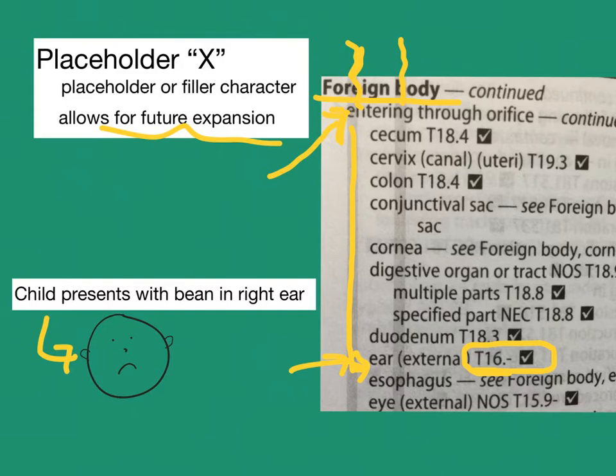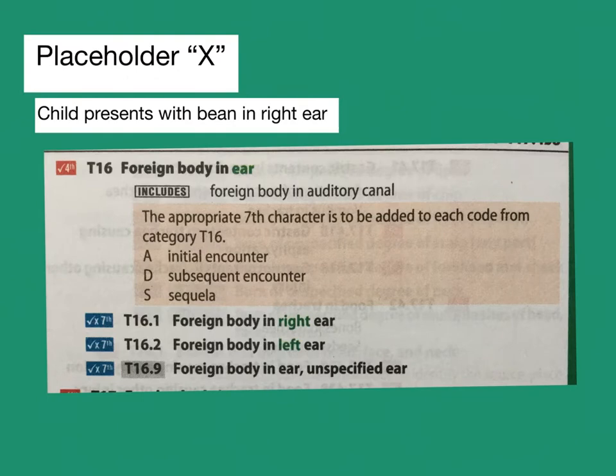So let's go ahead and look at the tabular list for this code. Here in the tabular list at code T16, we see this red box, check mark 4th. This is reminding us that T16 alone, these three characters, is not a valid code. We need to add a 4th character to make the code valid.